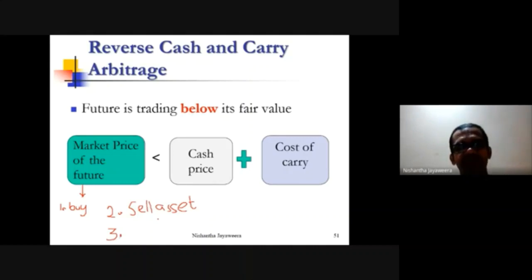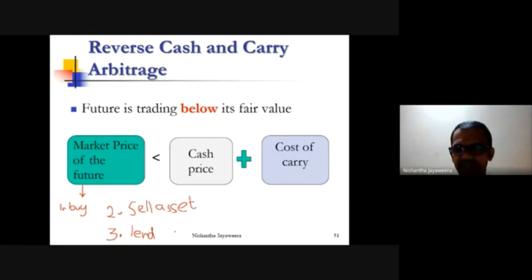You sell it in the cash market. You get cash, right? What do you do with that cash? You lend that cash for the same period as the futures contract.